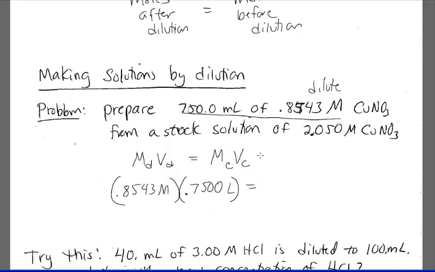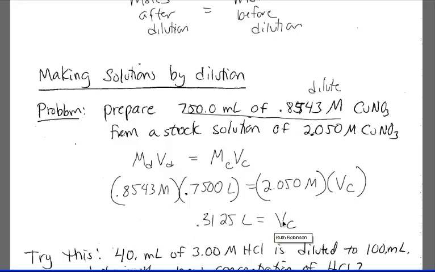And the stock solution, the concentrated solution, is 2.050 molar. The one we don't know is how much volume of the concentrated solution we need. So then we can solve. For this, we can divide both sides by 2.05, and then we will get the concentrated volume that we need is 0.3125 liters, or 312.5 milliliters.